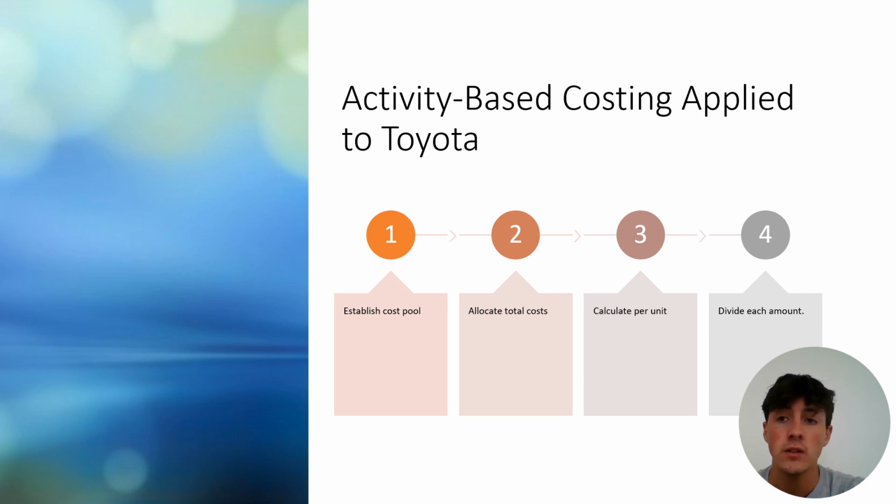Allocate the entire cost of each activity to the appropriate pool. Step 3. Using the appropriate cost driver to calculate per unit cost. Step 4. Divide each pool's funds by the cost driver's anticipated total utilization. The cost per unit of product's cost driver is then multiplied by the quantity of that product.